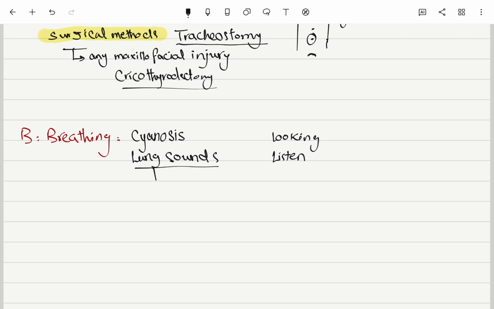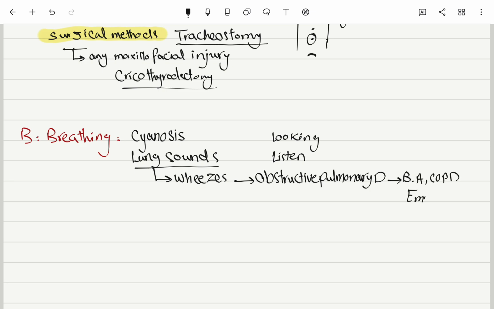Lung sounds. If there are wheezes, this is a sign of obstructive pulmonary disease, like bronchial asthma, COPD, emphysema.